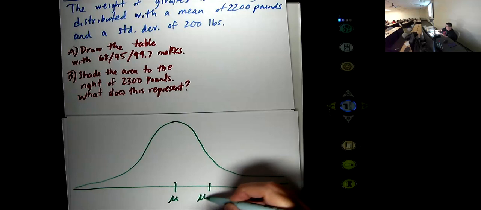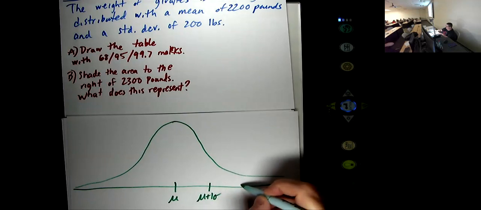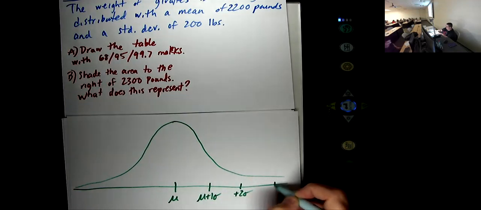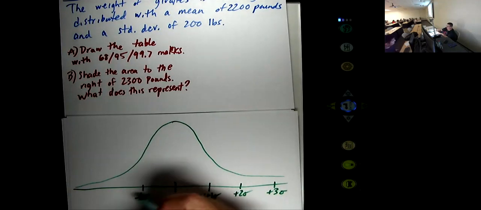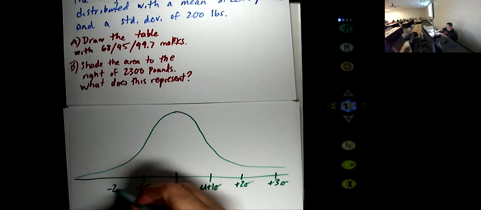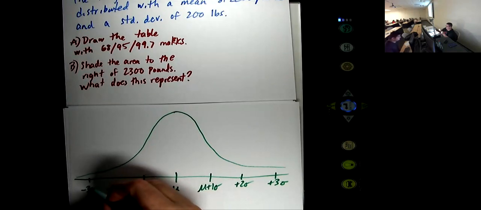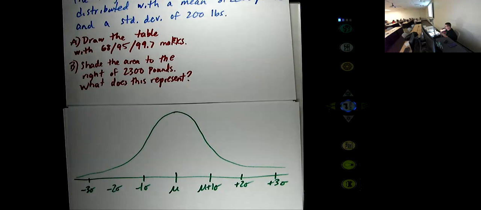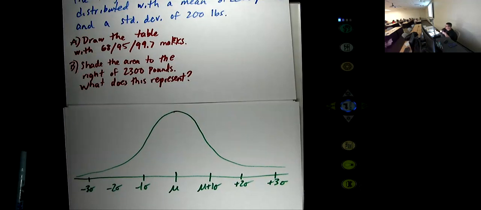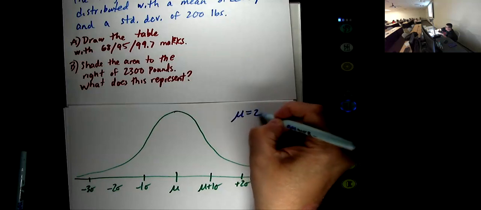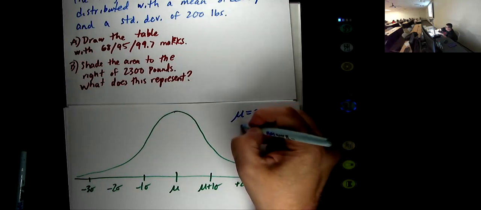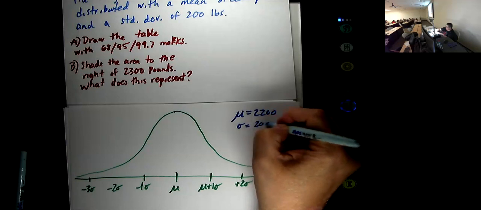So we got mu, plus 1 sigma, plus 2, plus 3. Then minus 1 sigma, minus 2, minus 3. Now we had mean was 2200 and standard deviation was 200.